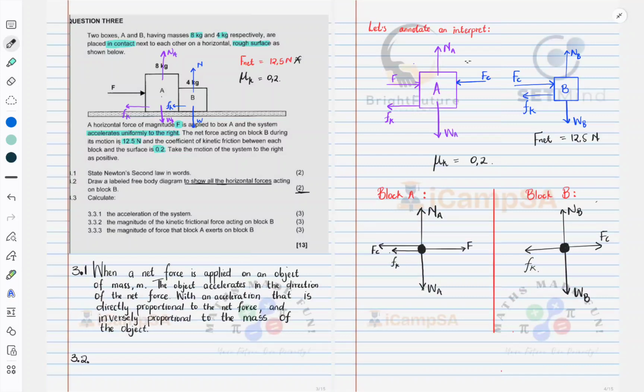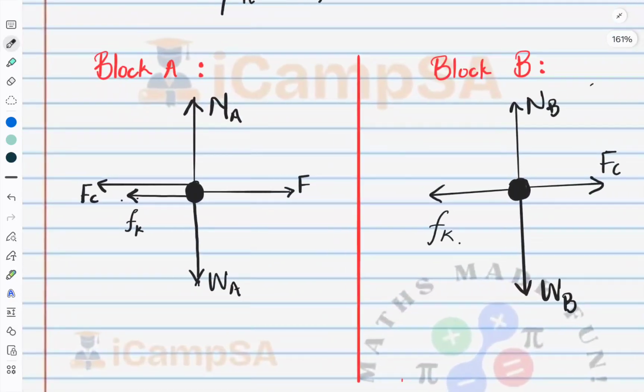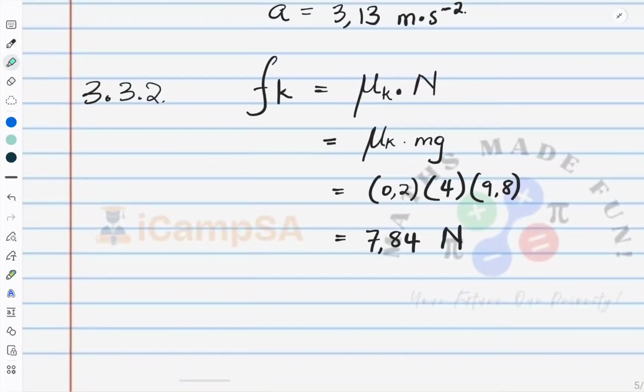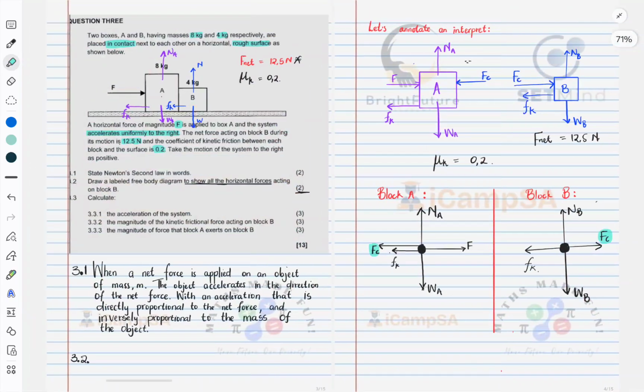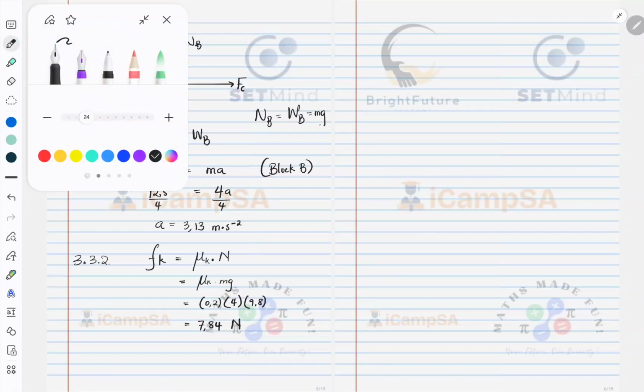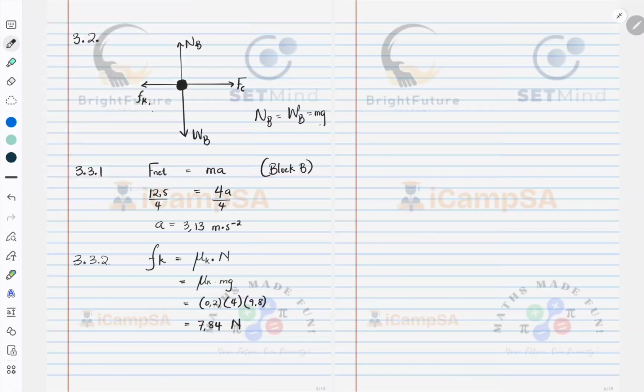We are asked to find the magnitude of the force that block A exerts on block B. So basically they are asking us to find this contact force. If we take Fnet equals ma, we don't even need to know the acceleration in this case.